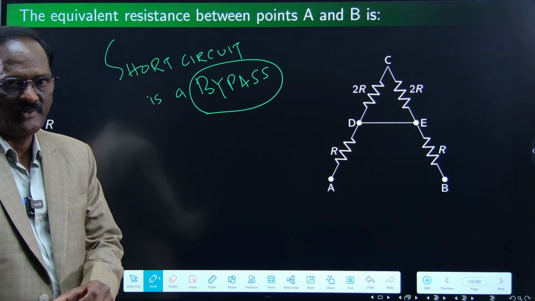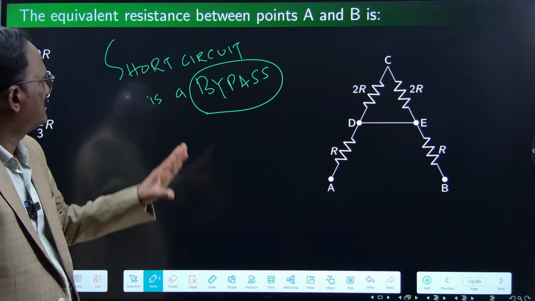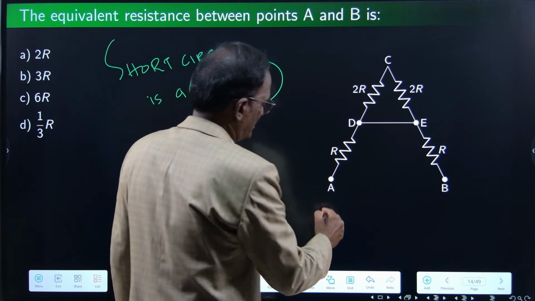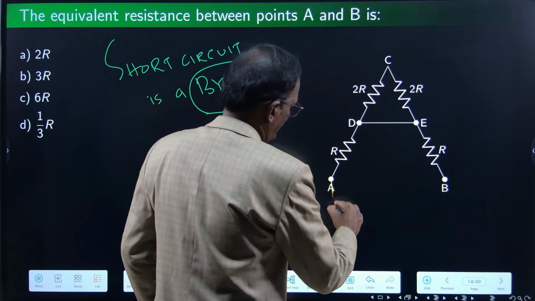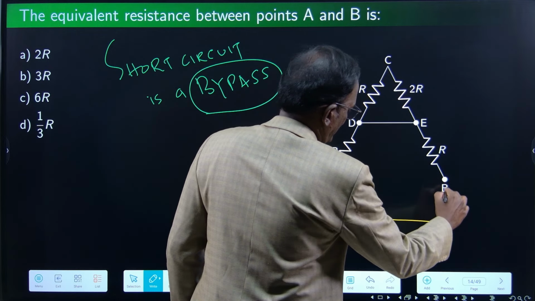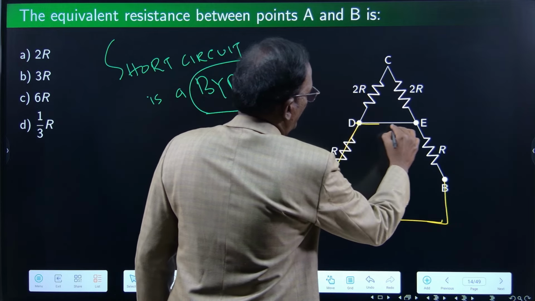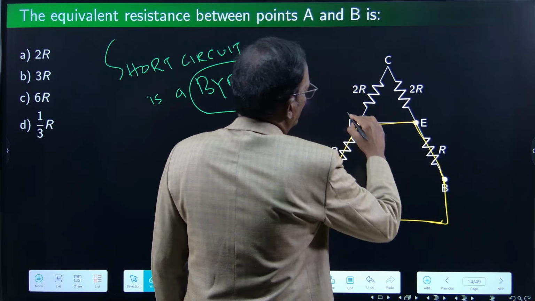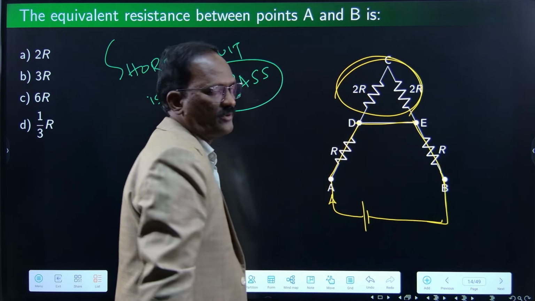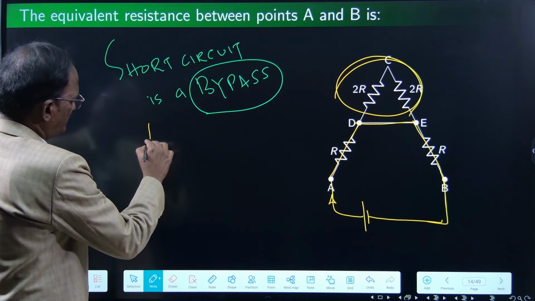This is one tip you can remember always. Short circuit is a bypass. That means if you connect one dummy battery across A and B, a current enters, it flows through the bypass, then it will return. It won't go through this part, right? It is proven easily.